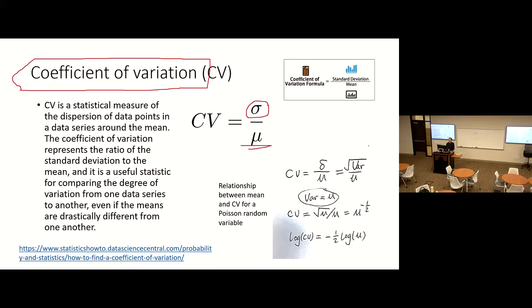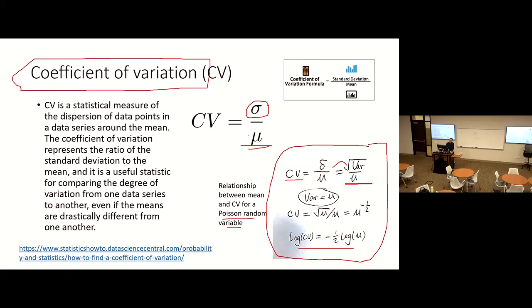All right. So the formula here lets you derive an equation like this, if you have a Poisson distributed variable. Based on the definition, the CV is the standard deviation divided by the mean. The standard deviation is the square root of the variance.